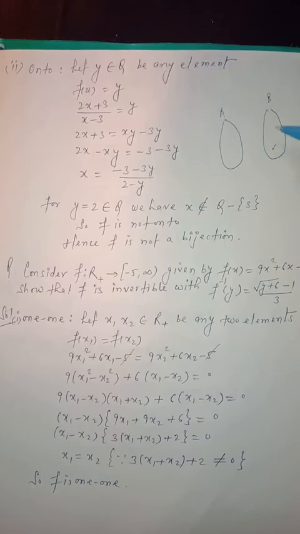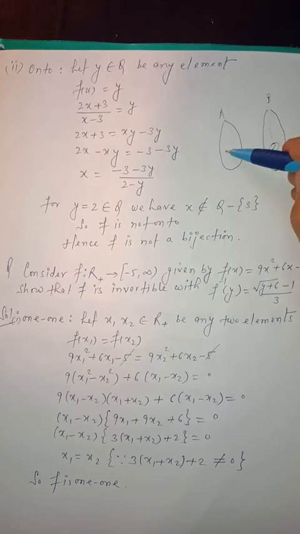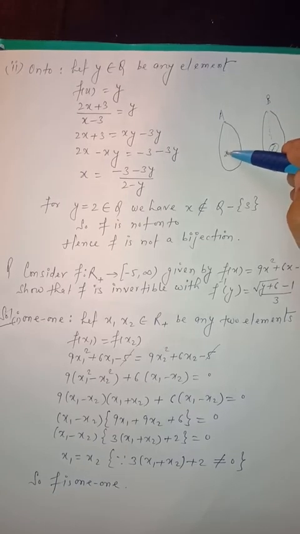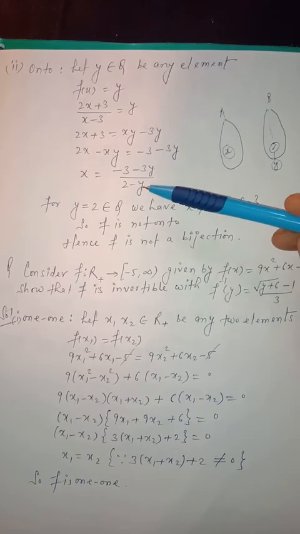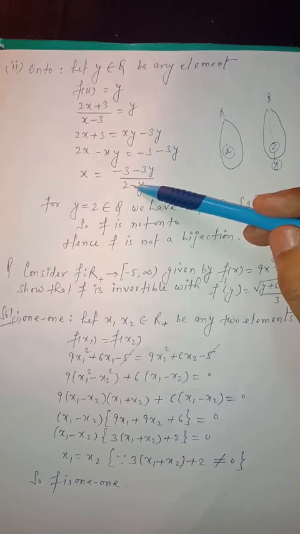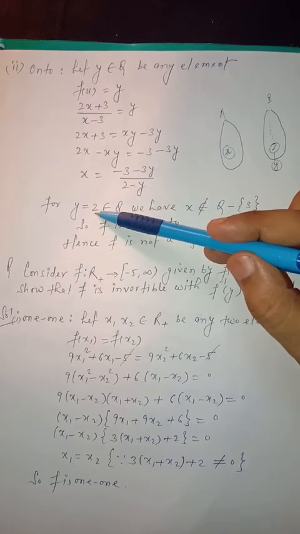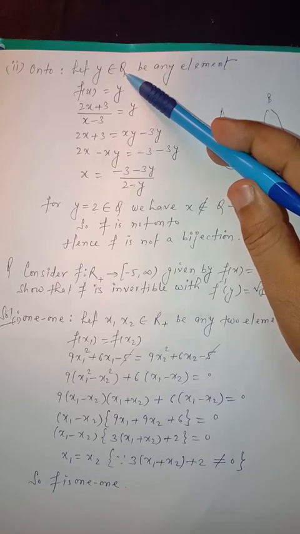So here we are planning to take a random element from set B, or a random value of y, for which there is no x in set A. So now you can see clearly when y is 2, and this 2 is from set B, whereas set B is Q, which is the rational numbers.